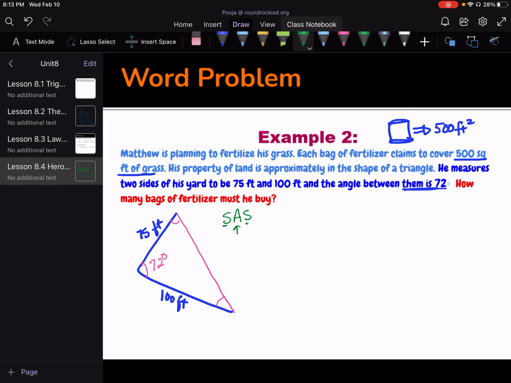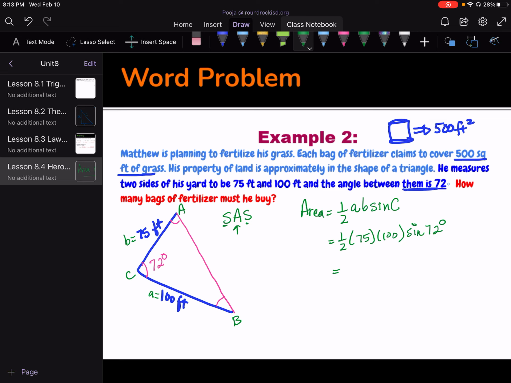And when that happens, you can label it however you want to. Let's call it ABC. Then this is side B, this is side A, and angle C is given. So we can use one of the area formulas. Not Heron's formula because this is not SSS type. Half times A times B times sine of included angle, sine of 72 degrees.